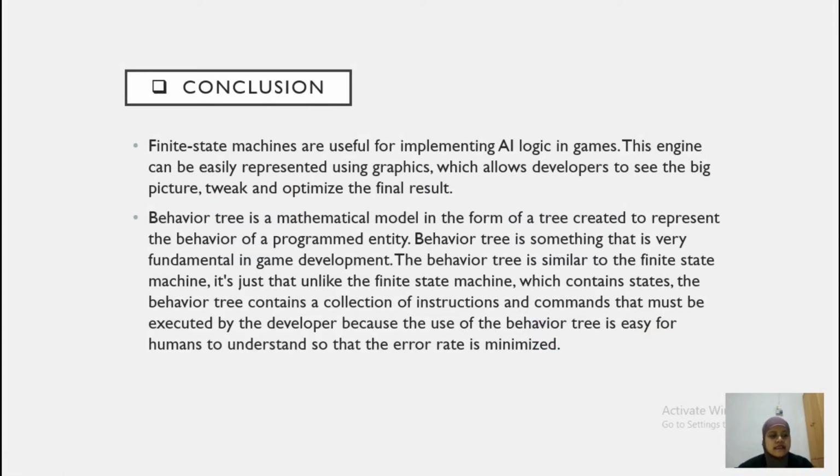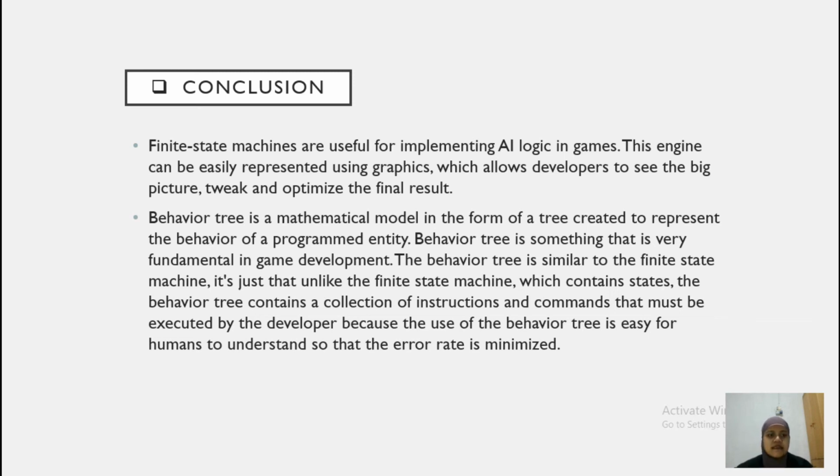Well, that was an explanation of the material brought by my friends. And here is the conclusion from the material: finite state machines are useful for implementing AI logic in games.